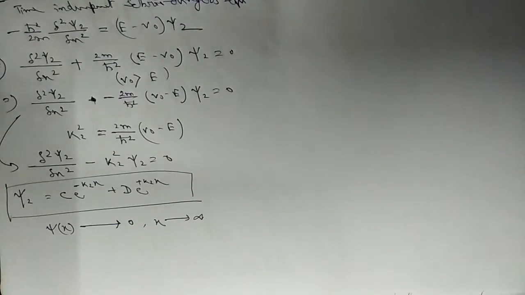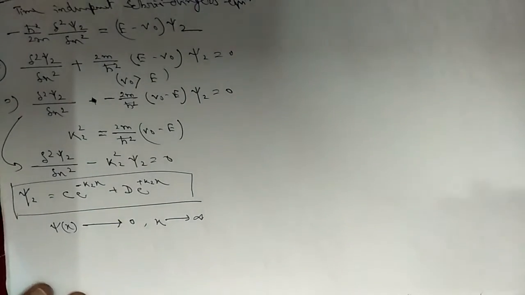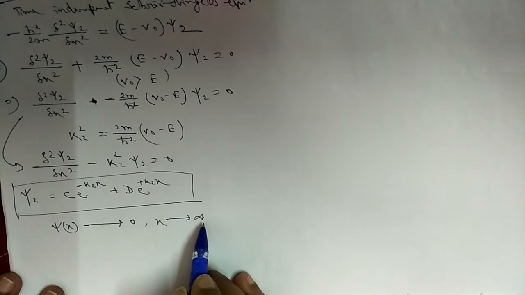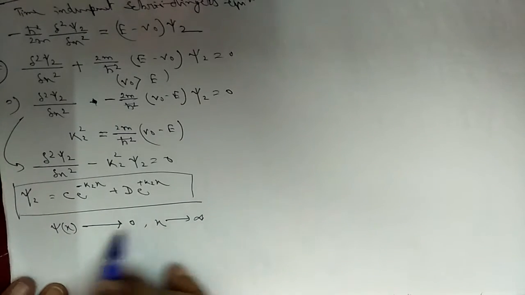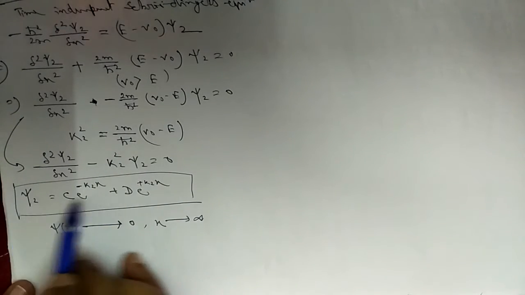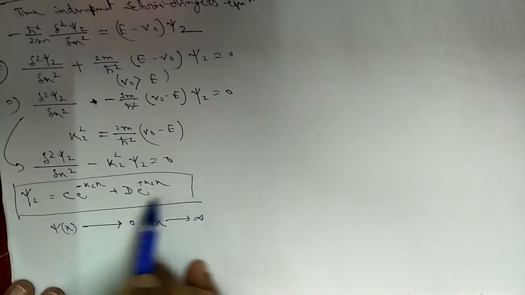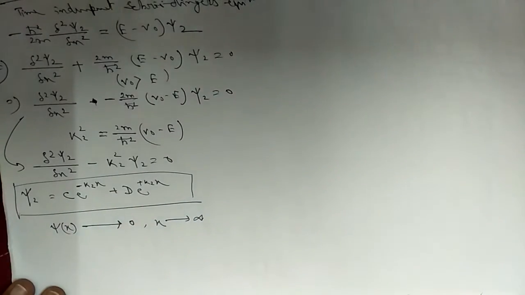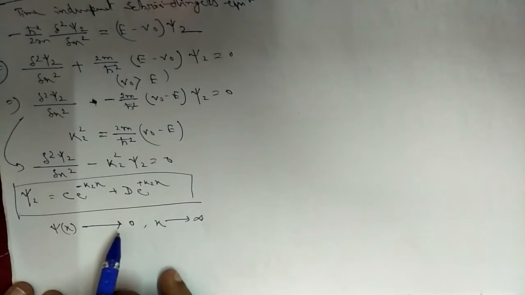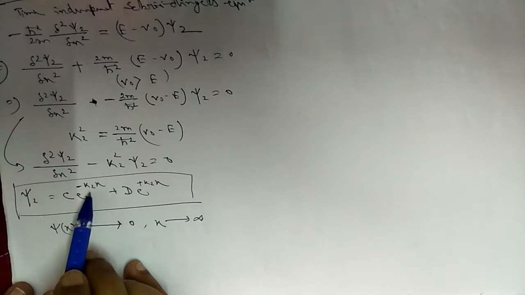This is the property of the wave function. While discussing the properties of the wave function, we have probably discussed that any wave function will terminate to 0 at x tending to infinity. So try to examine this wave function. It is very simple, but here you put x equals infinity.